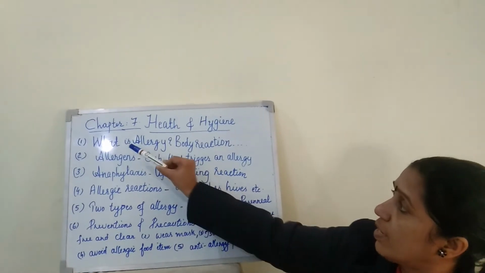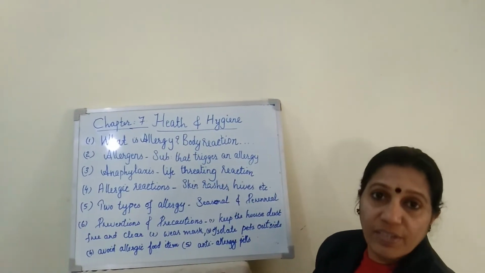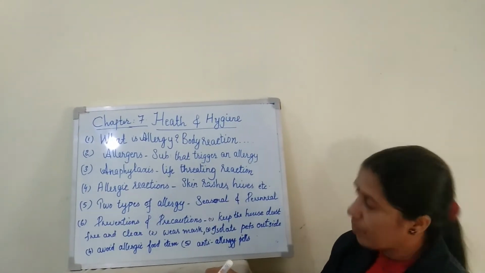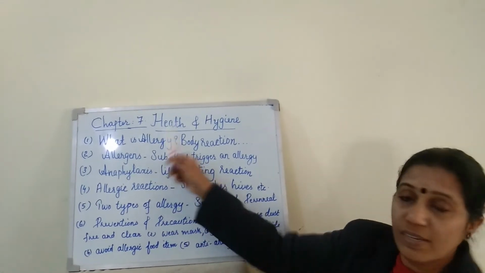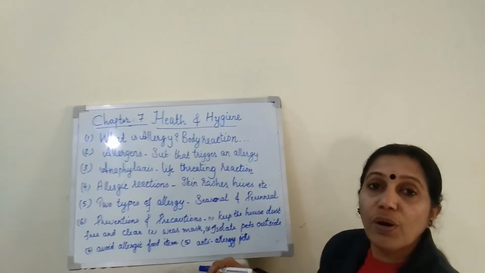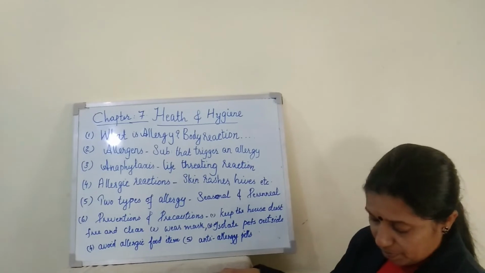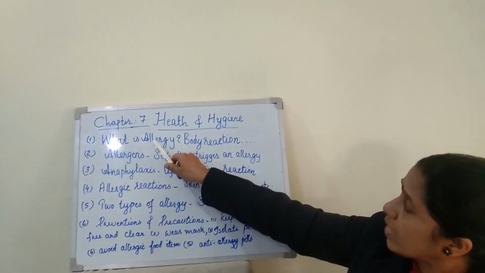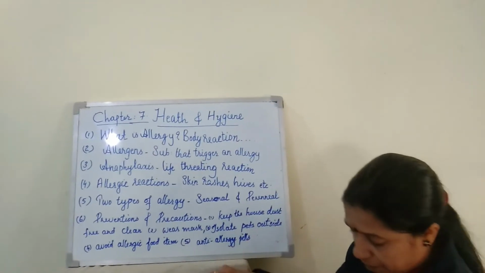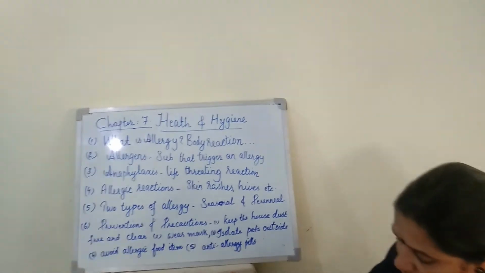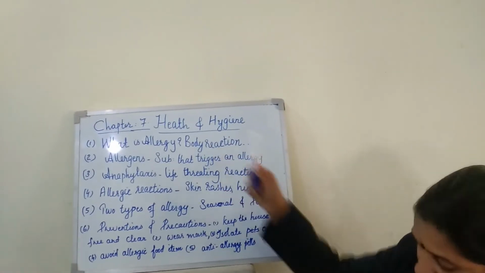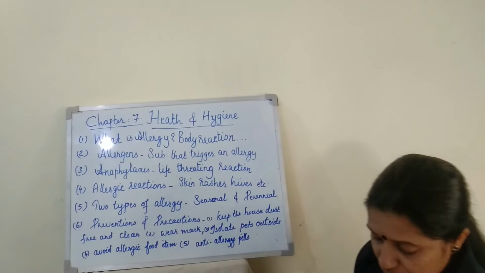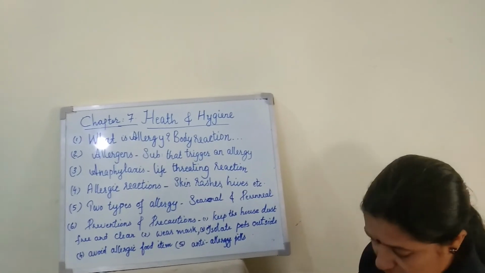So first, what is allergy? Let's look at that. We know that allergy is a type of non-communicable disease, and it is a body reaction, a hypersensitivity of body tissue to certain substances.